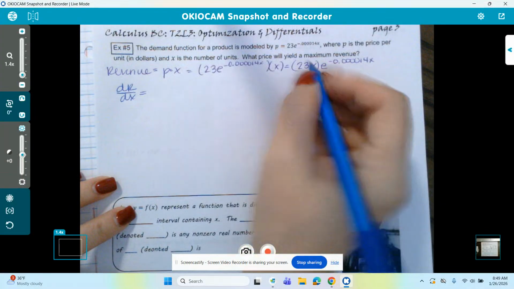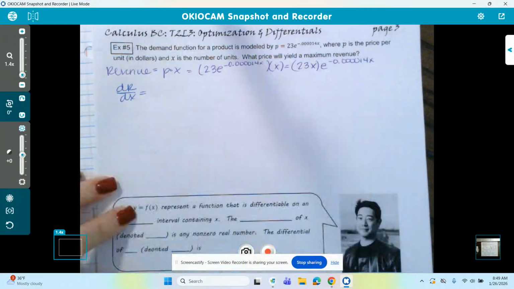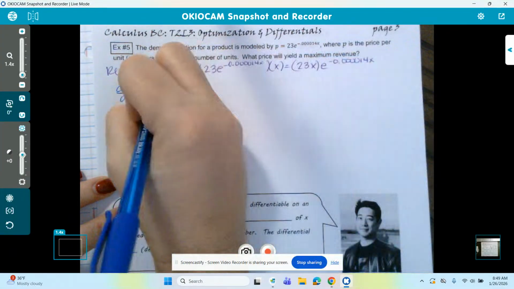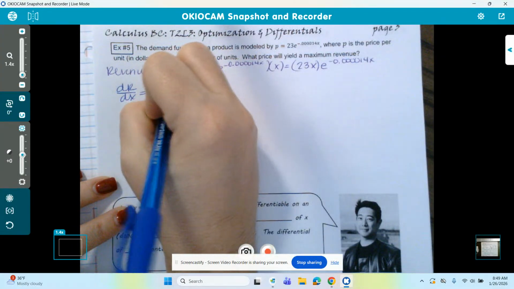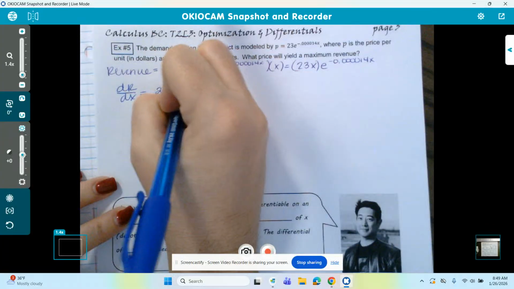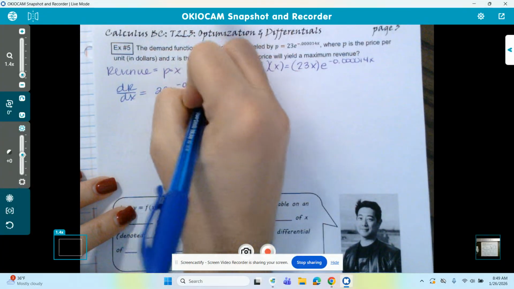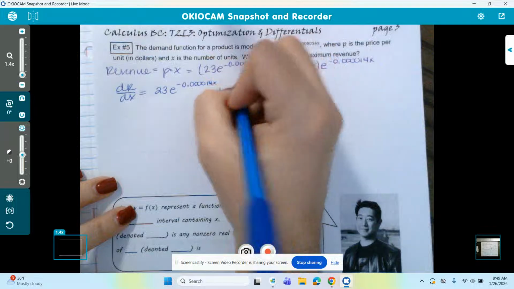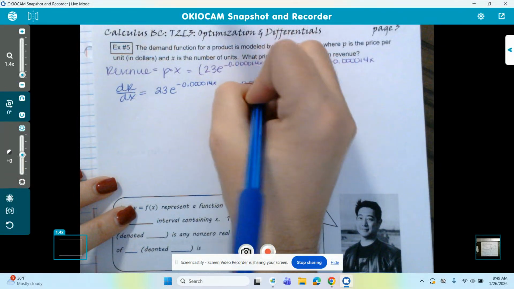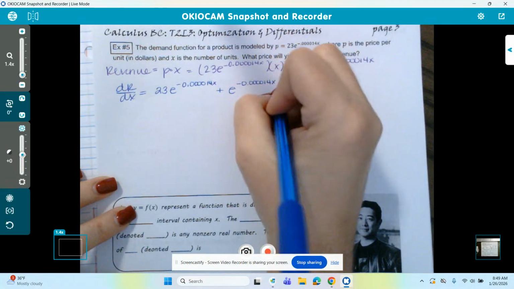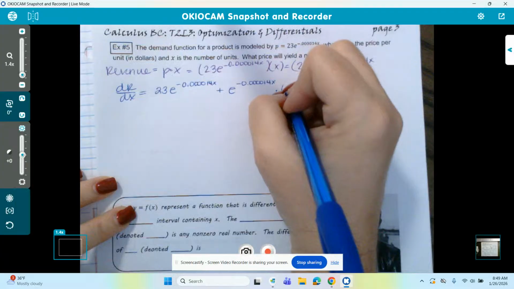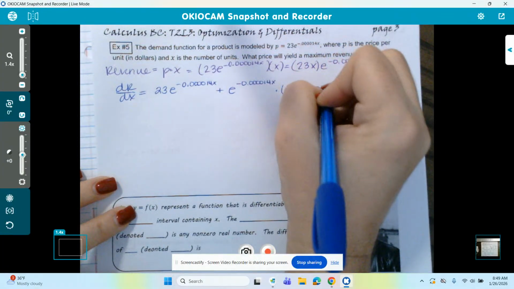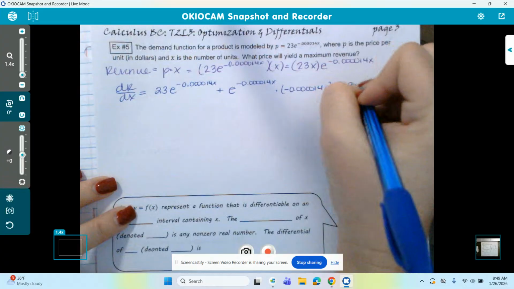Okay, so we're going to have to do the derivative of the first times the second, plus the derivative of the second, chain rule that, times the first.